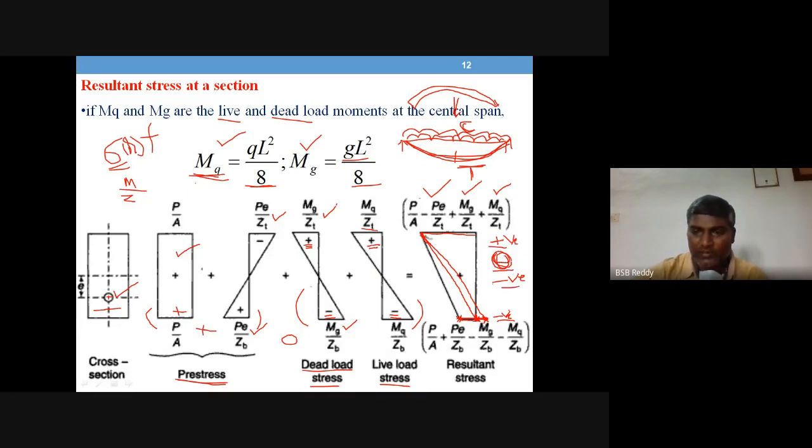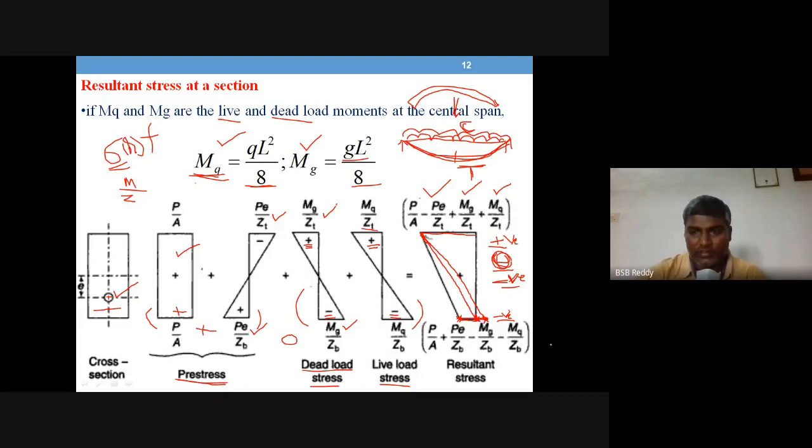Sections with tensile stress at the bottom, we will be calling cracked sections, because without the steel, if you allow tensile stresses in concrete, it is going to cause cracks.